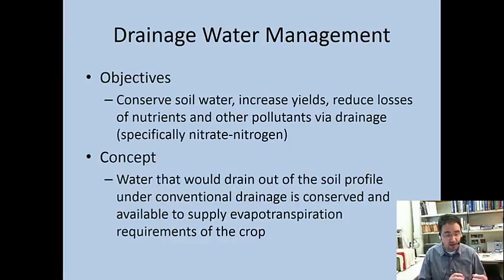The concept is that water that would drain out of the soil profile under conventional or free drainage is conserved within the soil profile and available to supply evapotranspiration requirements of the crop or of the system in general.